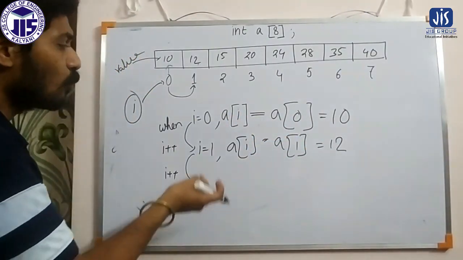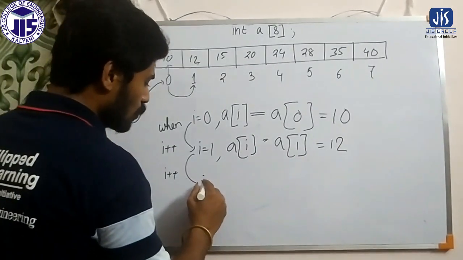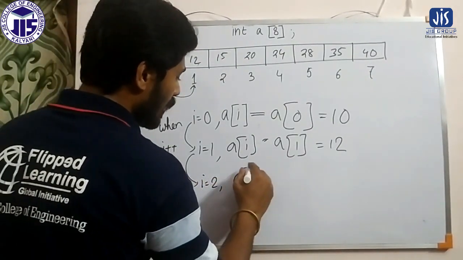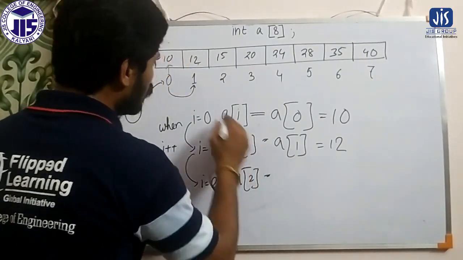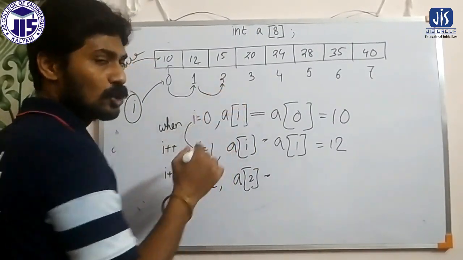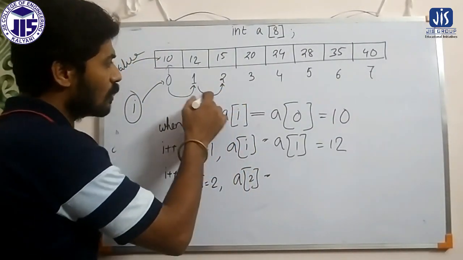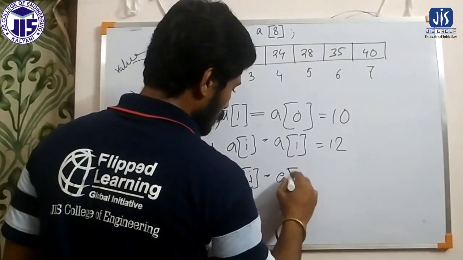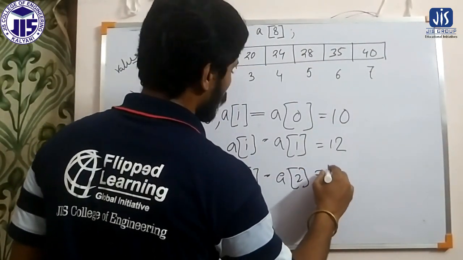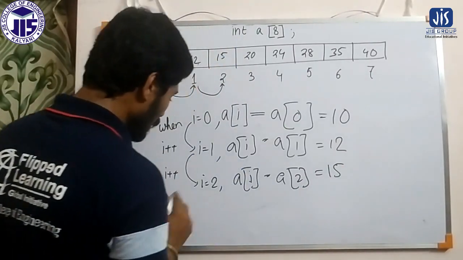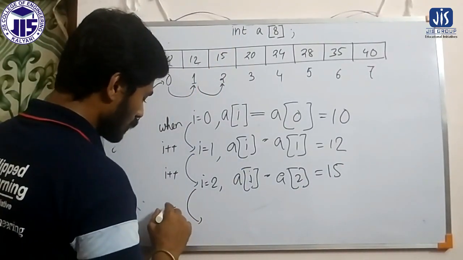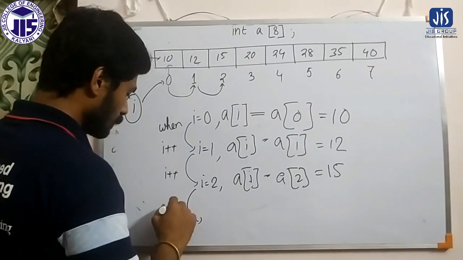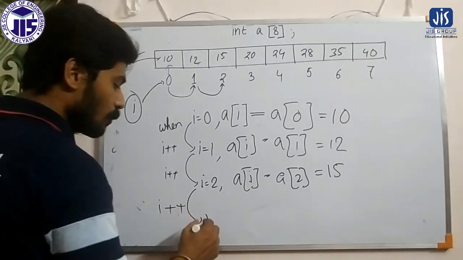After every assignment, we repeat the task. That is I equals 2, so it will be A2. A2 means now we are shifted to the second position. So this is 15. Again assignment done. Again we perform the increment operation on I, and the same thing will repeat.